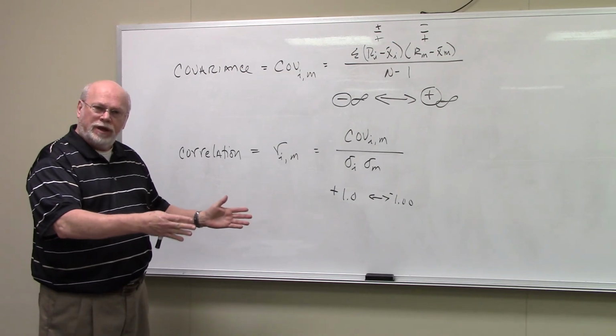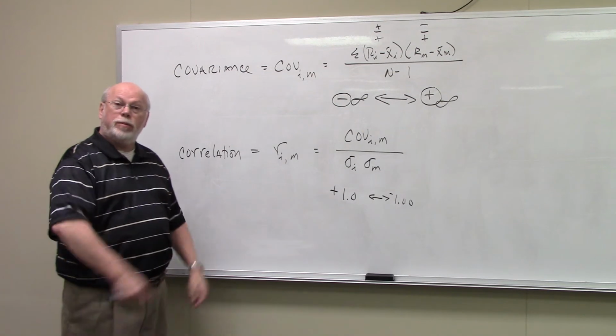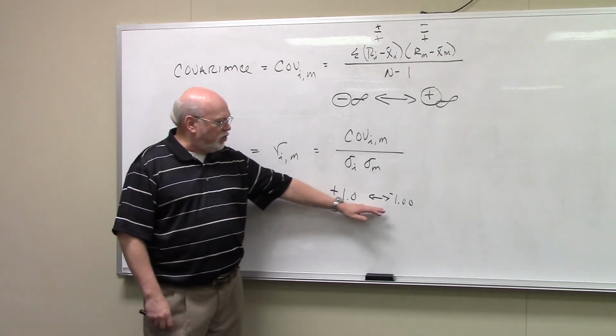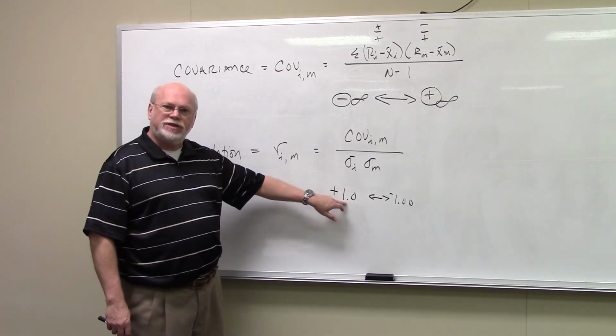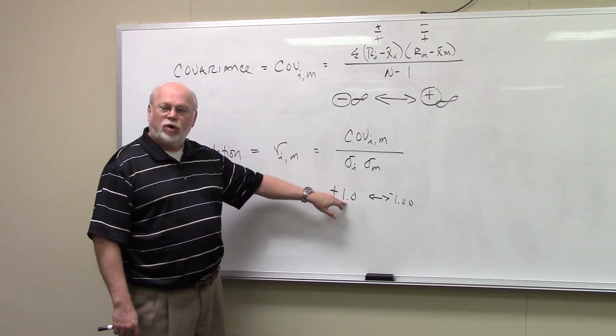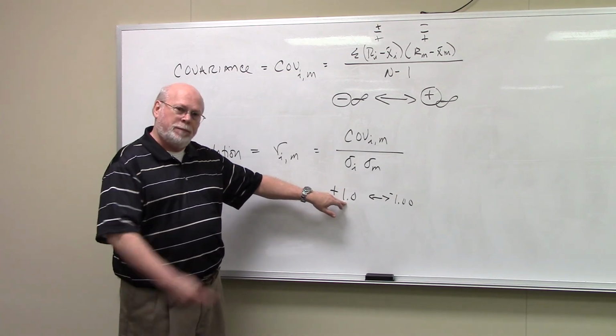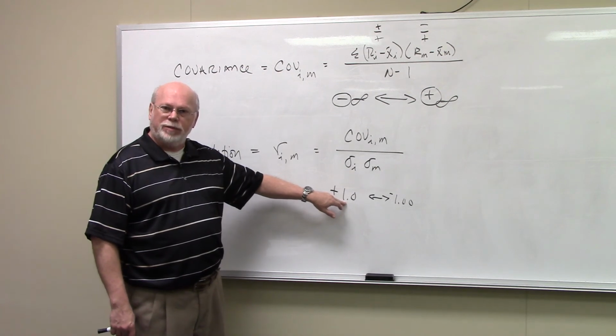So you're able to see some meaning in the number that you calculate. If you calculated a correlation coefficient of +0.98, that's a very high positive correlation coefficient simply because why? It can only be 1. That's the highest it could possibly be.